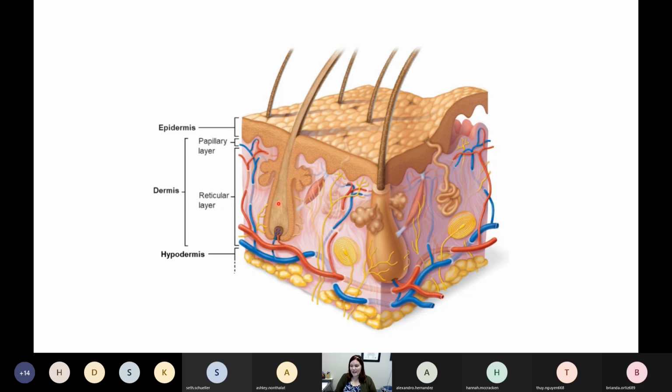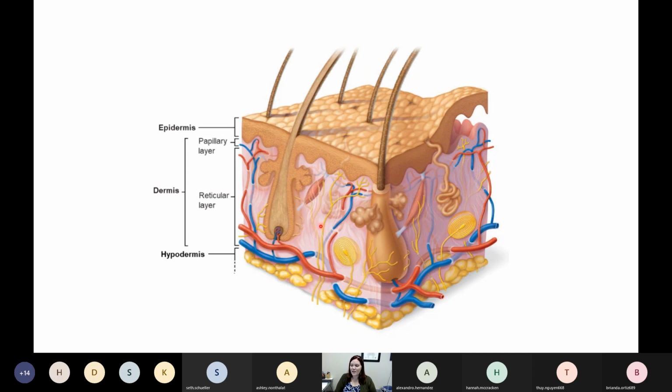So I'm looking at a type of gland that dumps its secretions right onto a hair. What is the name of the special kind of gland we see here that's dumping its secretions onto a hair? Yeah, several of us typing in. It's a hard one to spell, right?